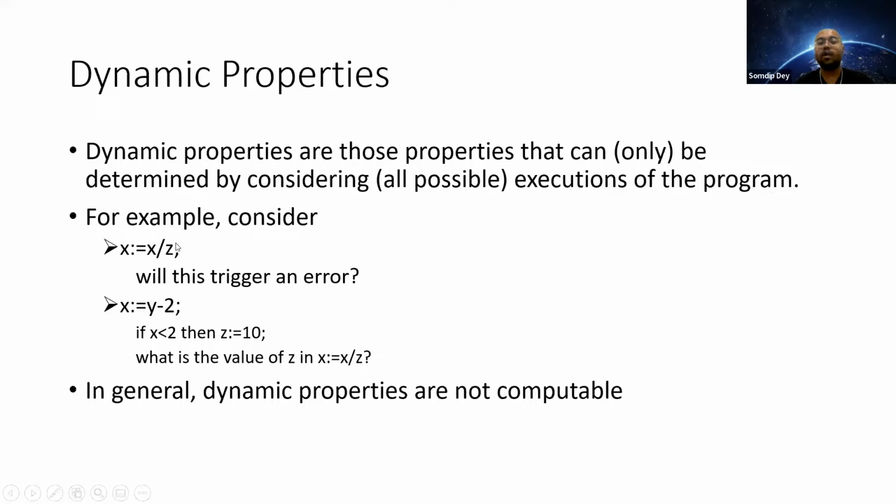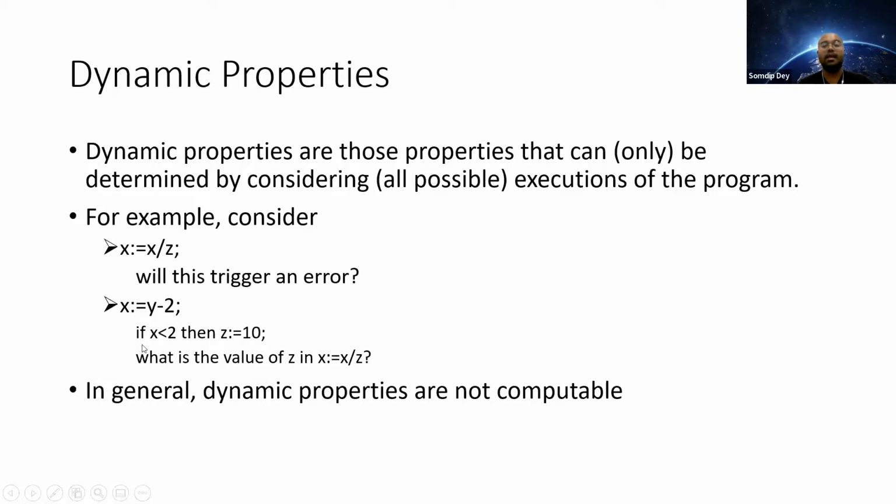what if the z is 0, right? So no matter what the value of x is here, if it is divided by 0, it will give you an error, right? So depending on the value of z, it can throw an error. Same, if we have this where x equals y minus 2.